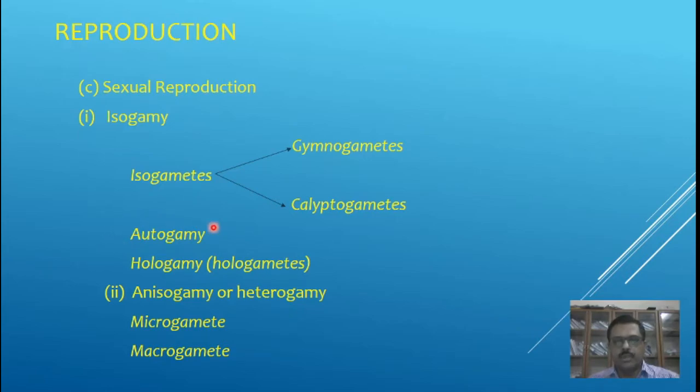So this is called autogamy, the type of isogamy in which fusion is between positive and negative strains of algae. In some cases, the vegetative cells become gametes. So this is called hologamy, and the gametes are hologametes. And so these are the peculiarities that we find in isogamy.